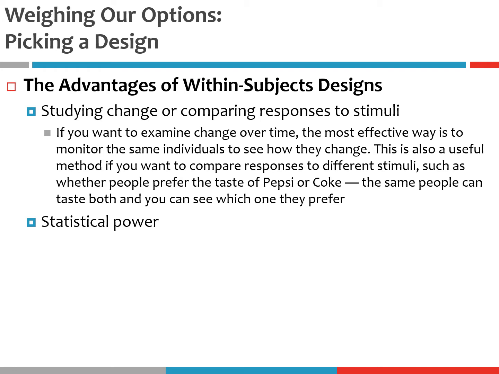If you run between subjects, there's more variability because you have different people in each group. And if you have less variability, then it's going to be easier to see the differences. And that's why the within subjects design or the repeated measures design has more statistical power than the between subjects design, which is an advantage.